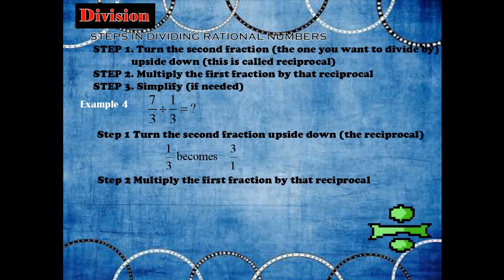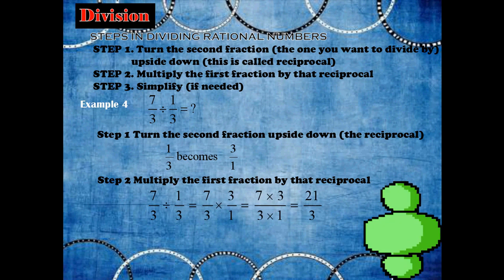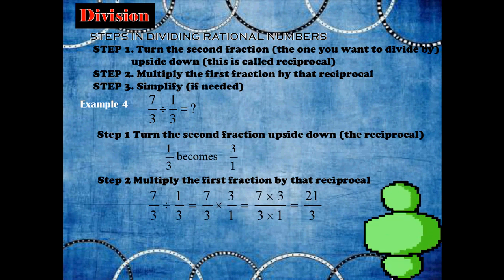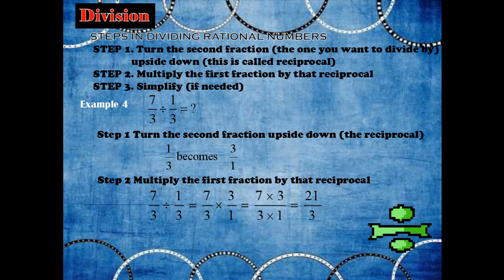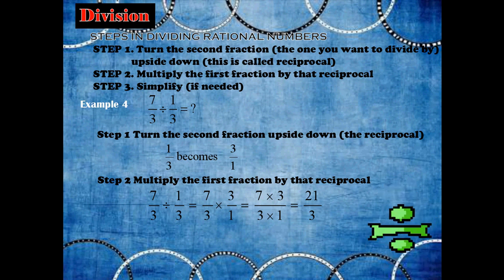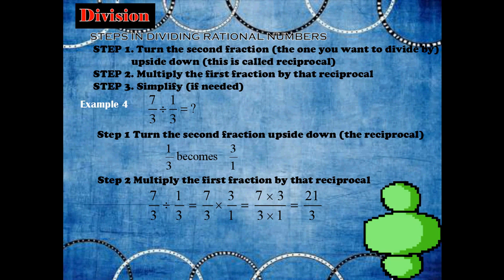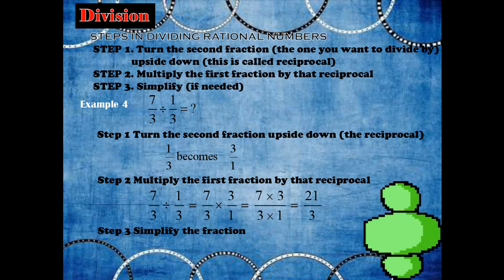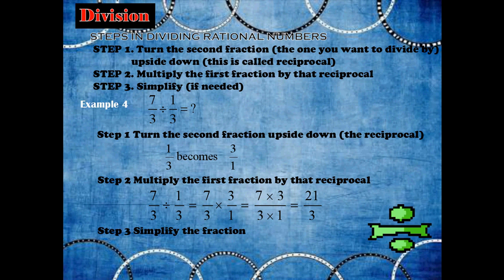And step 2, multiply the first fraction by that reciprocal. So we have 7 over 3 times 3 over 1. And then 7 times 3, and in the denominator 3 times 1. So 7 times 3 is 21, and 3 times 1 is 3. We can still simplify 21 over 3.